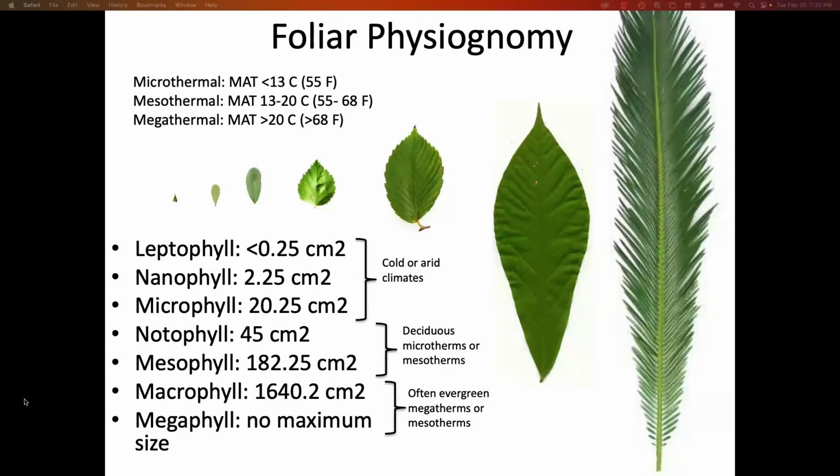Then we go to a notophyll, below 45 square centimeters. The farther north you go, birch trees, alder bushes, these have notophylls, slightly on the small side. Now we get to a microphyll, smaller, nanophyll, and a leptophyll, which is something you might expect in desert or scrubland or chaparral type ecosystems.